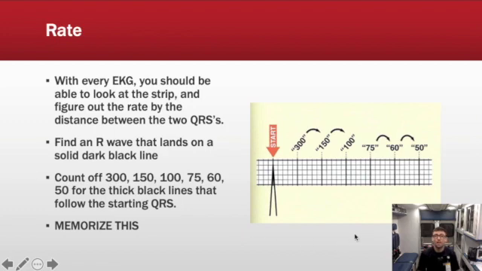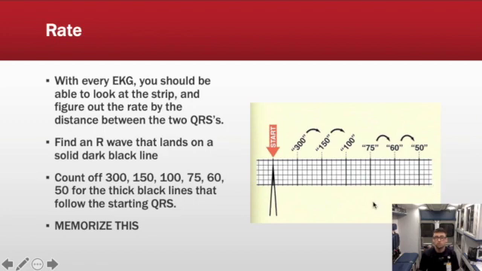So a way that I like to remember is backwards. So say I have an R wave over here, okay? I'm going to start counting backwards, okay? Because it's easier to count up for me. So 50, 60, 75, 100, 150, 300, okay?